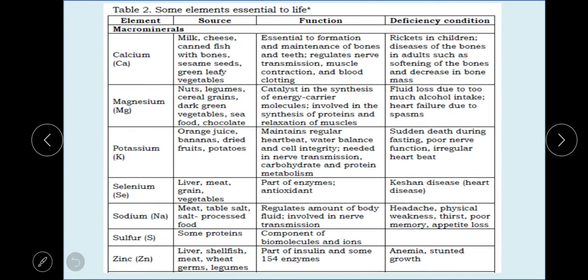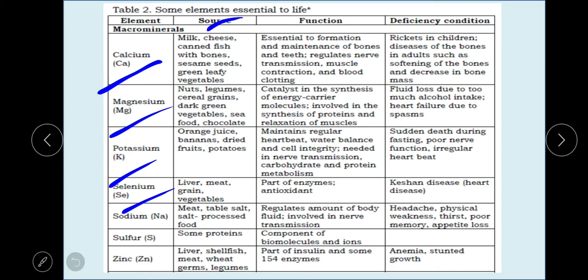Okay? So again, in this table, you're going to read the examples of different minerals. You have calcium, magnesium, potassium, selenium. It's up to you now to read the table and the sources.